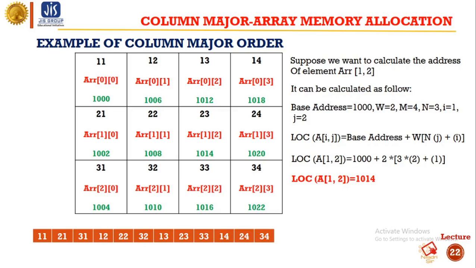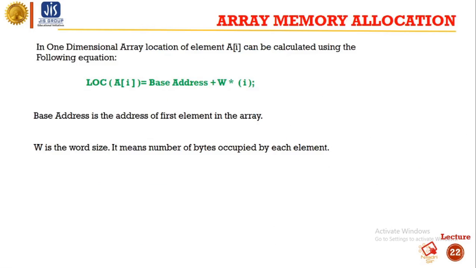Let's once again discuss this from the first. In a one dimensional array, the location of element AI can be calculated using the following formula: location AI equals base address plus W into I, where base address is the address of the first element in the array, and W is the word size.